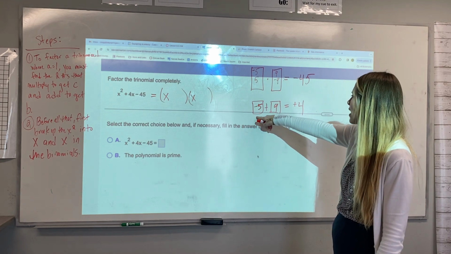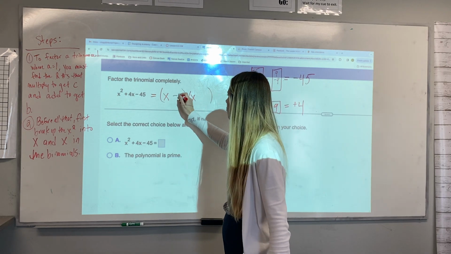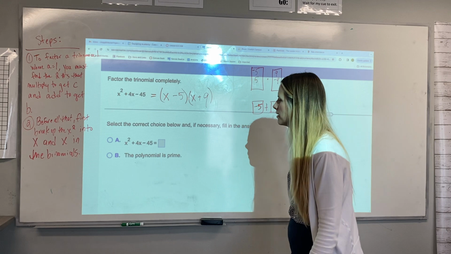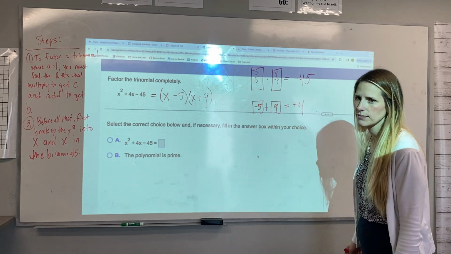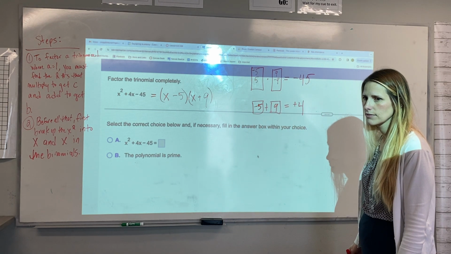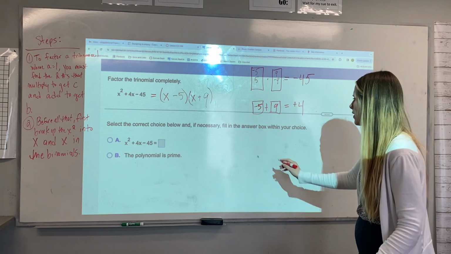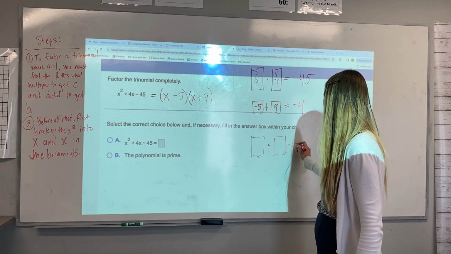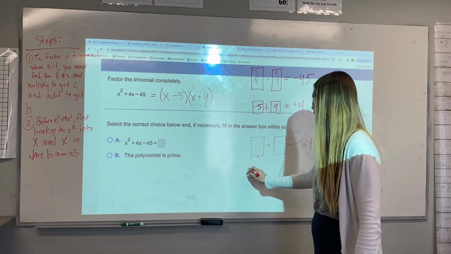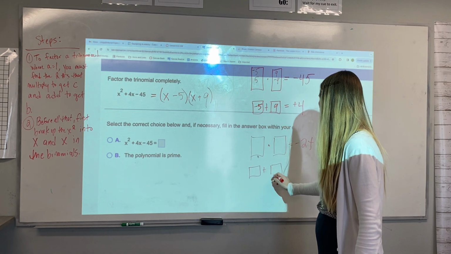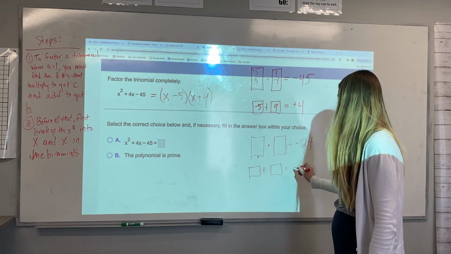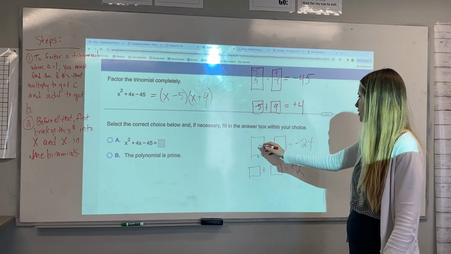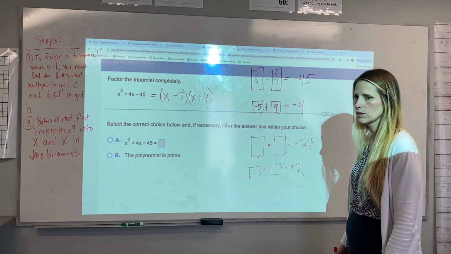Okay, so now we have a -5 and a +9. And that would be the answer for that one. Negative what? 24. Okay, so you need to multiply together to get -24, and you need to add to get what? +2. Okay, so what are some factor pairs? 12 and 2.